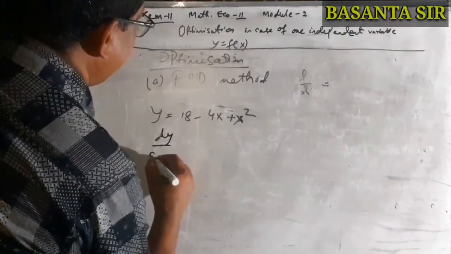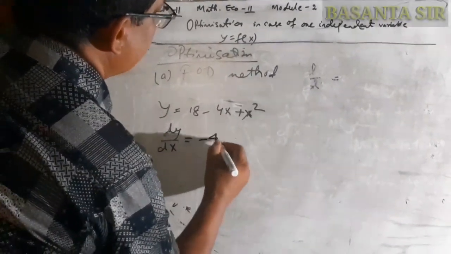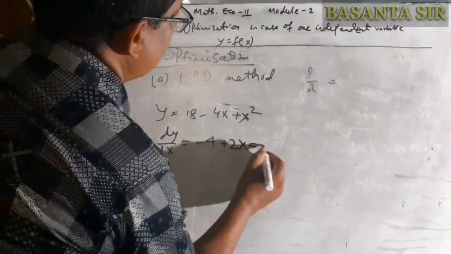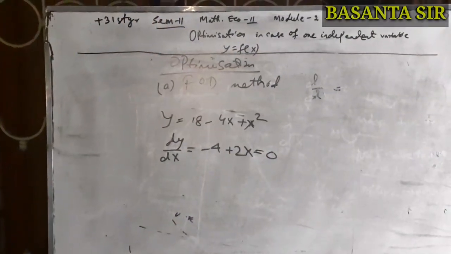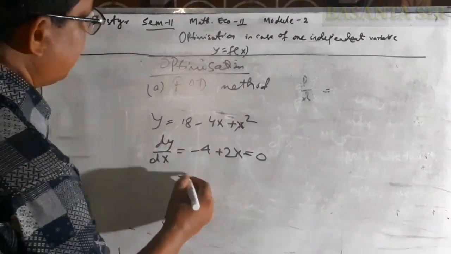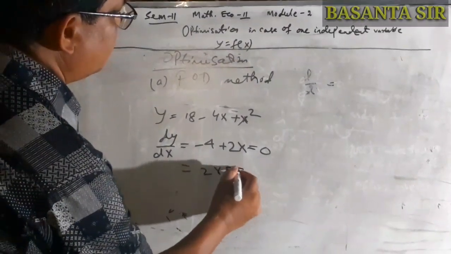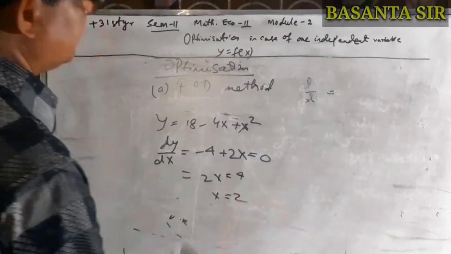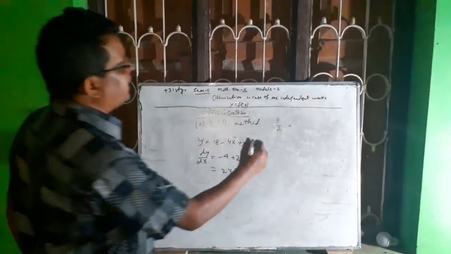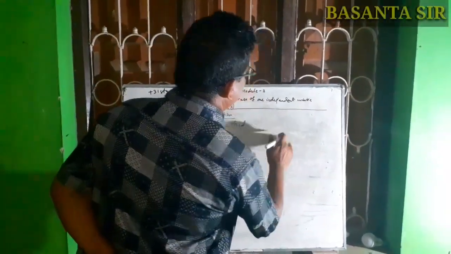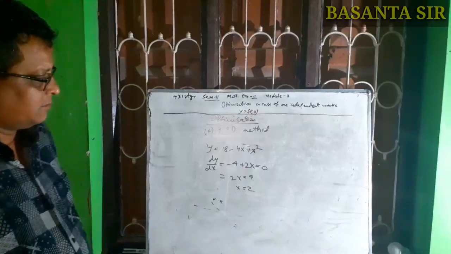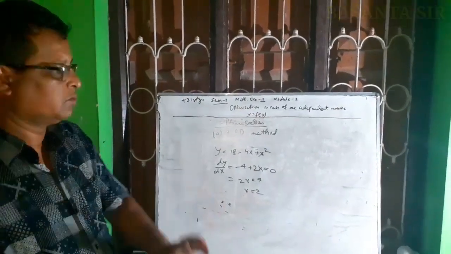The first order derivative gives the value minus 4 plus 2x equal to 0. Then 2x equal to 4, x equal to 2. So we find that whether the function is maximum or minimum, the x value is 2.